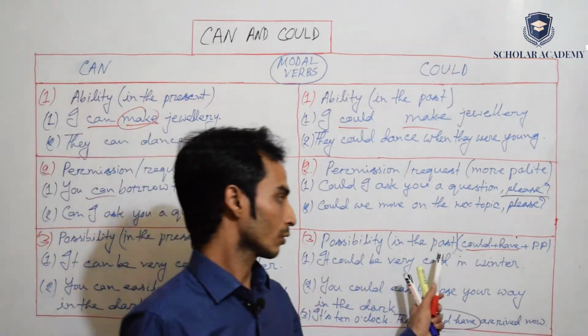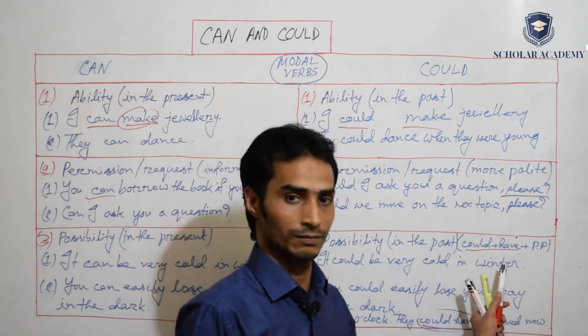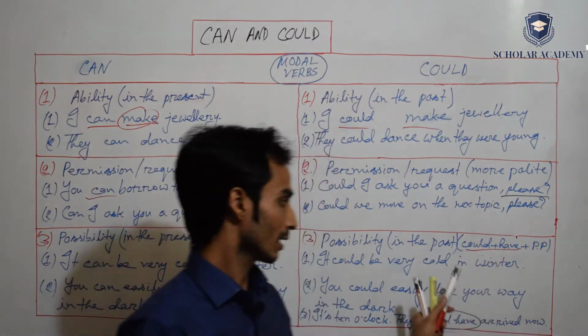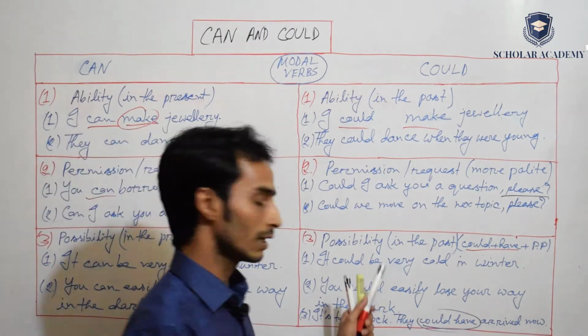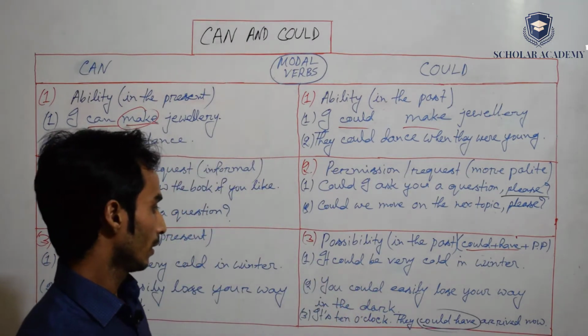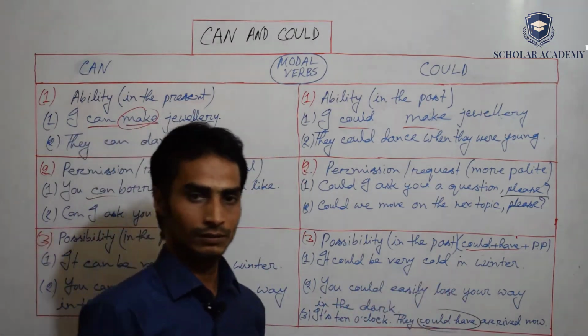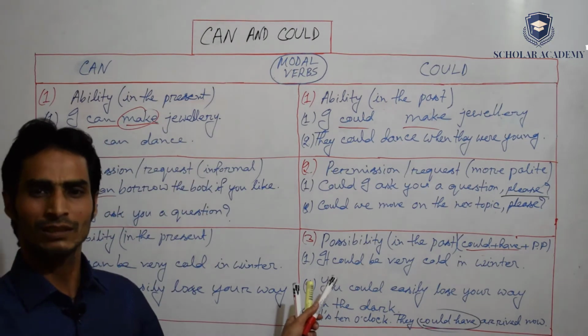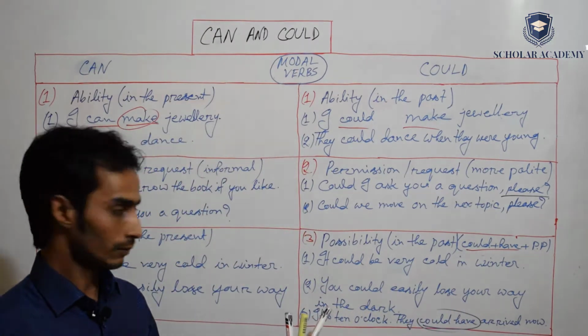Could is used to express the possibility in the past, but could have is used to express something was possible in the past but didn't happen. Let's look at some examples with it. It could be very cold in winter. Sometimes it was very cold in winter. You could easily lose your way in the dark.